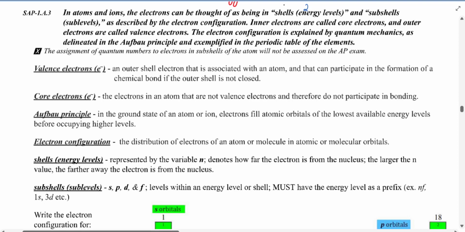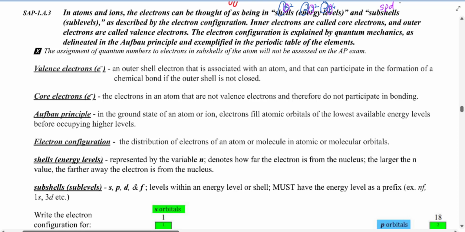In an electron configuration, your energy levels are your coefficients. The subshells are the p's and the s's.